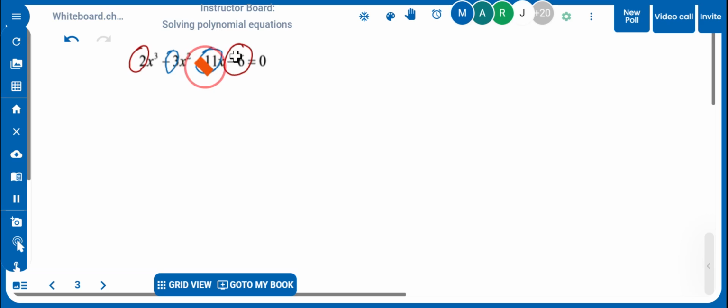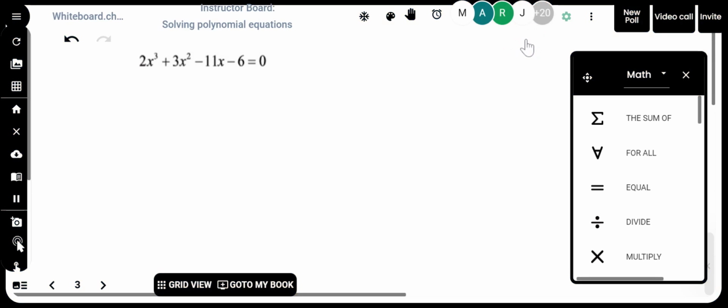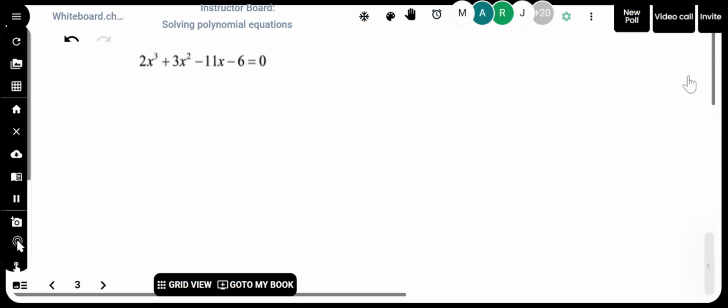So let me erase this and think, okay, that didn't work out. So where do I go now? Is the question. What did we do yesterday when we had to factor? Right? And that's really factor theorem. Thank you, Noah. And how do we apply the factor theorem again?